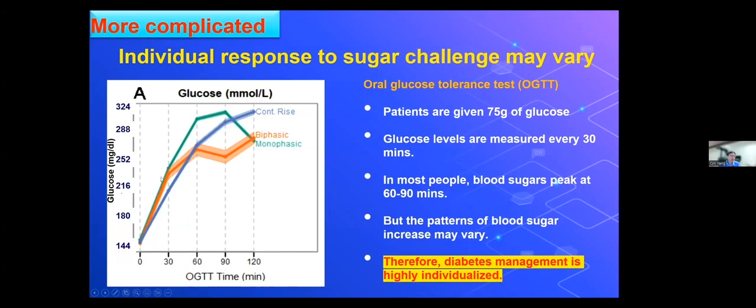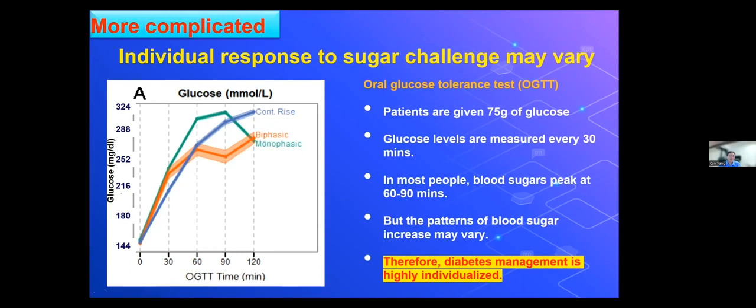Most people are called biphasic. So this green line, the sugars go up, peak at 90 minutes, then go down. A lot of people have this pattern, but some people have a continuous rise. They don't peak at 90. They peak at 2 hours or even later. And some people stay flat a little bit, then go up.